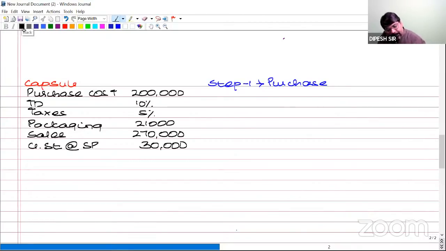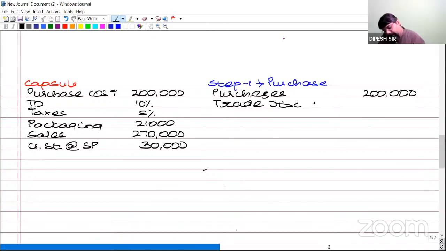That is two lakh. Then trade discount 10%, that is 20,000.